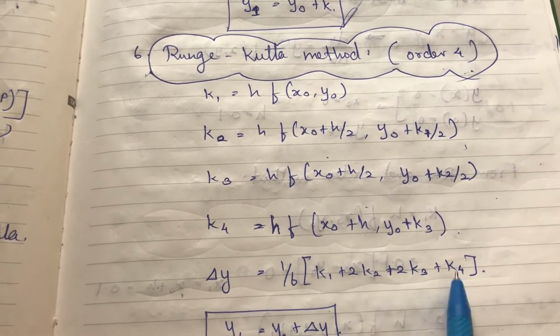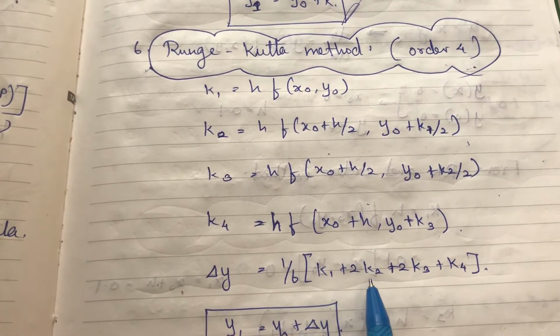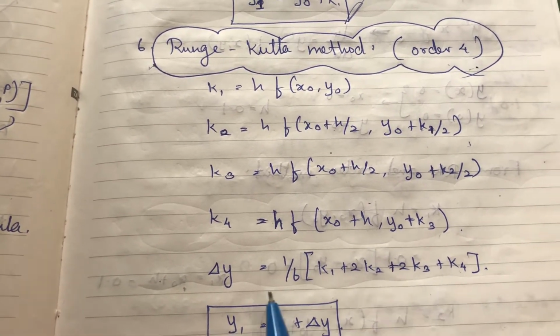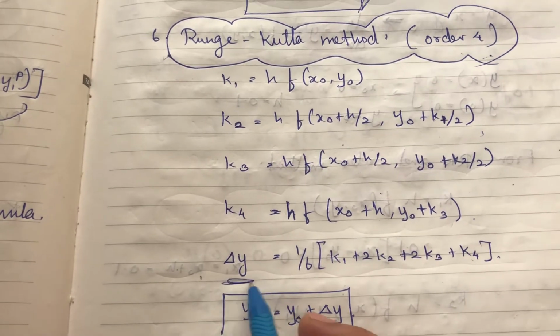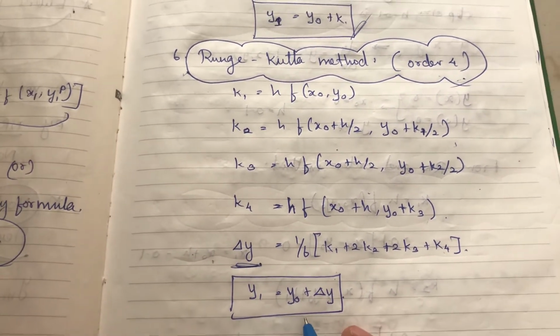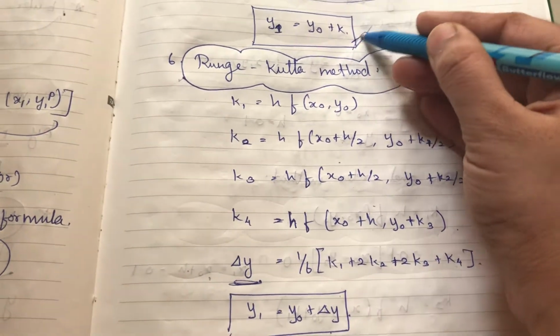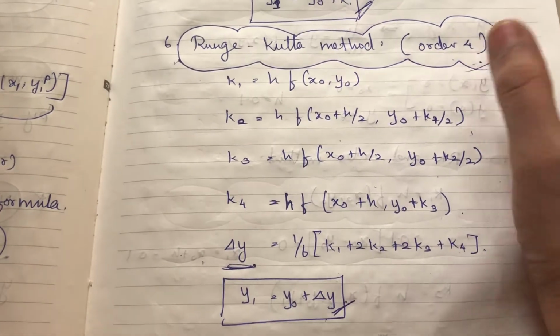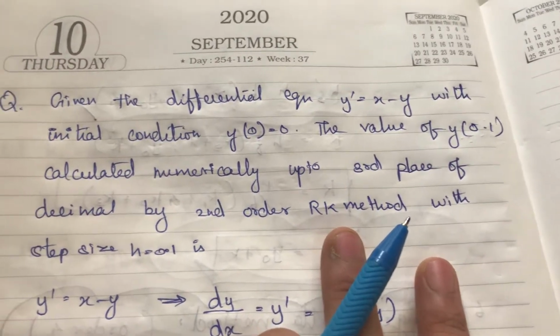So just add all these things, k1 plus 2 times k2, 2 times k3, plus k4, divided by 6, and we will get the value for the change in y, del y. So y1 is equal to y naught plus del y. Here we have found k, here we have found del y. This is the order 4. Okay, so let's see some problems here.